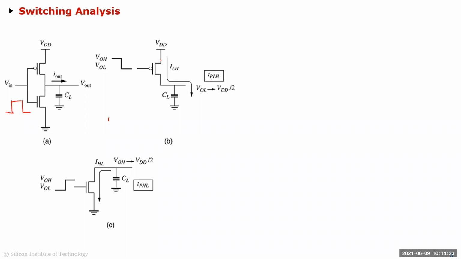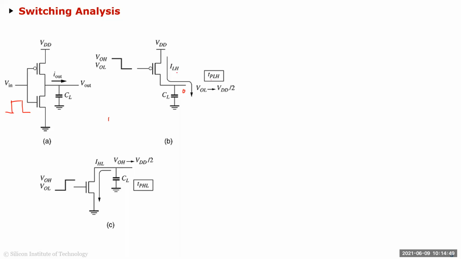Low to high means your Pmos is charging. So you started with the output at 0, and this Pmos is charging your output to high. Because you are assuming that your input goes infinitely fast, this Nmos is completely off here. So it's pretty much only the Pmos charging this capacitor, right?